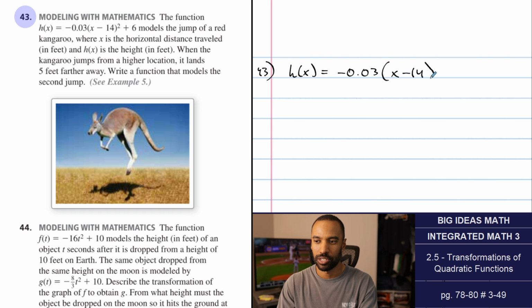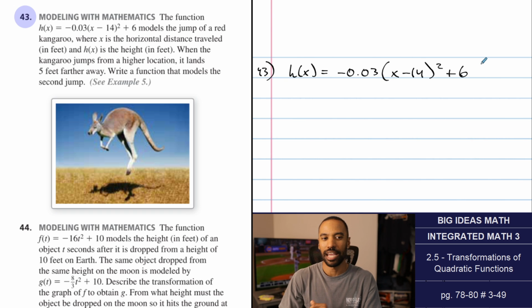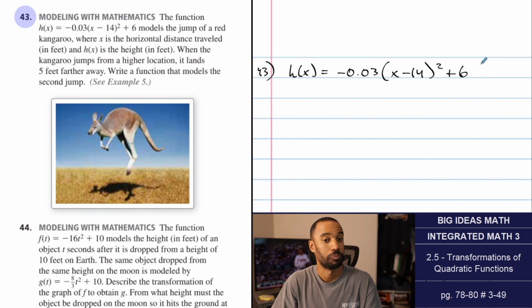X minus 14 quantity squared plus 6. It models the jump of a red kangaroo where x is the horizontal distance traveled in feet. Boom, boom, and h of x is the height in feet. Kangaroos jump high, guys. That means a 6-foot height. When the kangaroo jumps from a higher location, it lands 5 feet farther away. Write a function that models the second jump.